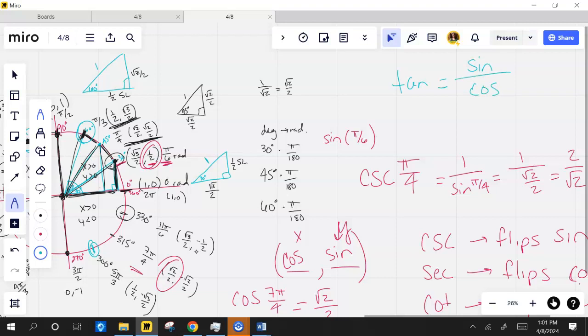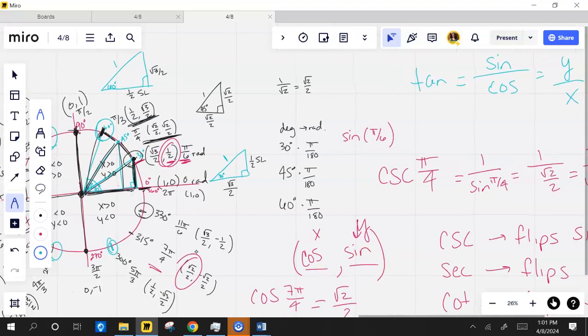And because I'm talking about coordinates, remember, this is my y value over my x value.